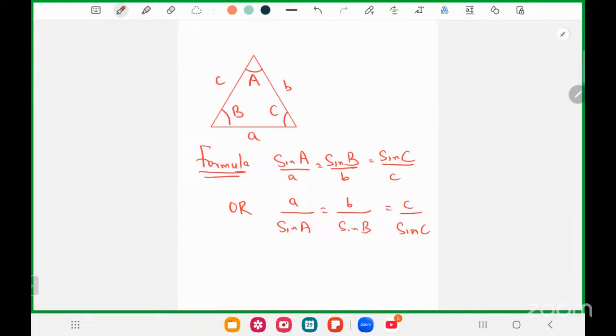They both are the same, just the reciprocal of one is the other.